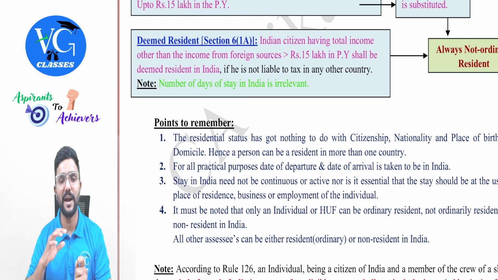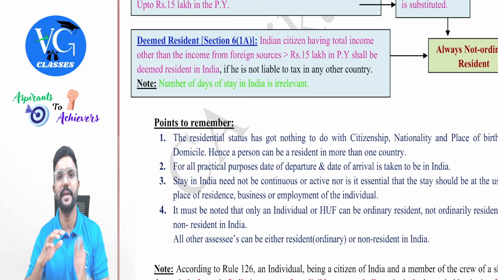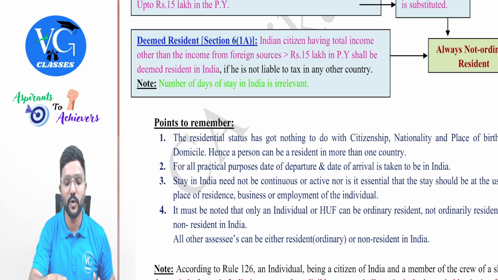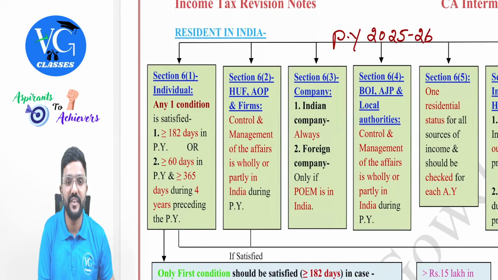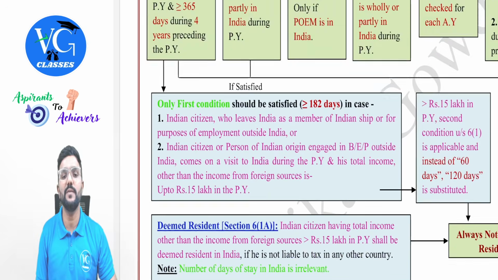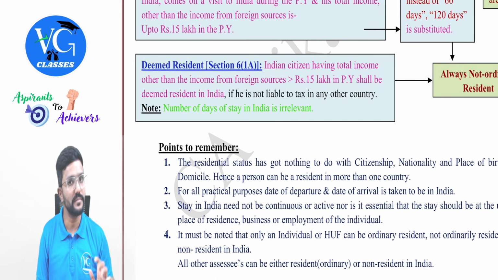And here, as I already told you, again and again I am repeating, number of days of stay is irrelevant. But please don't straight away go and check section 6.1a here, guys. First check whether the individual will fit in under section 6.1. Only if he is not covered under section 6.1, we will go and check 6.1a. Clear?